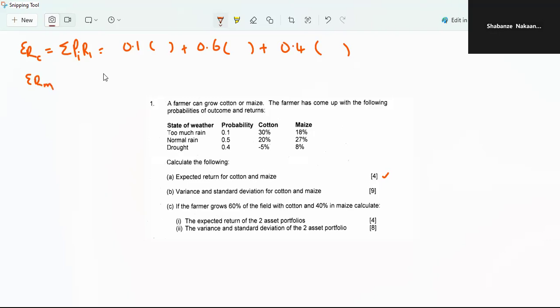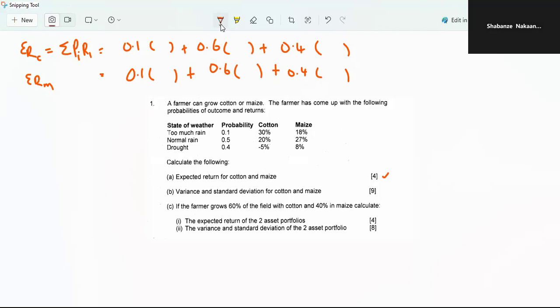We use the same formula here, 0.1. The probabilities are consistent throughout, times the return, 0.6 by the return. So you're seeing the way I'm getting the figures, I'm getting them right from the table as they are. So what are the returns for cotton? We use a different marker.